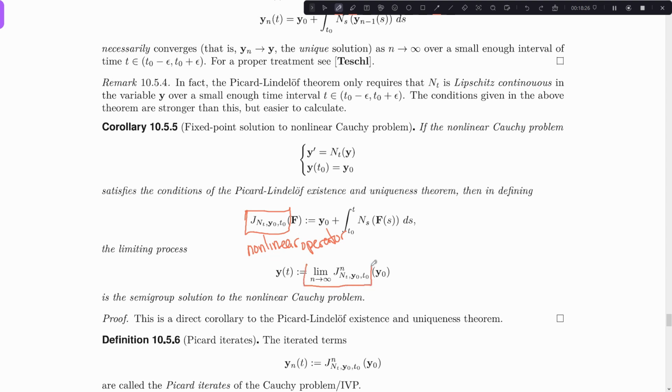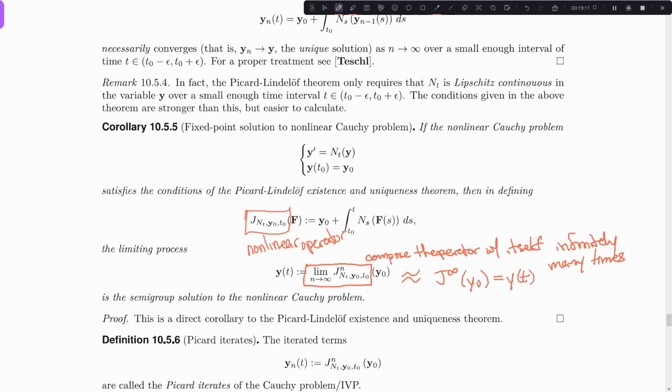If I compute infinitely many iterates, so powers of this operator, composing the operator with itself infinitely many times, I didn't write J to the infinity power because that's maybe poor math notation, but you want to think of this as J to the infinity power of the initial condition actually solves the ODE. It solves the IVP. So infinite compositions of this operator solve the initial value problem. That's what's nice about this corollary.